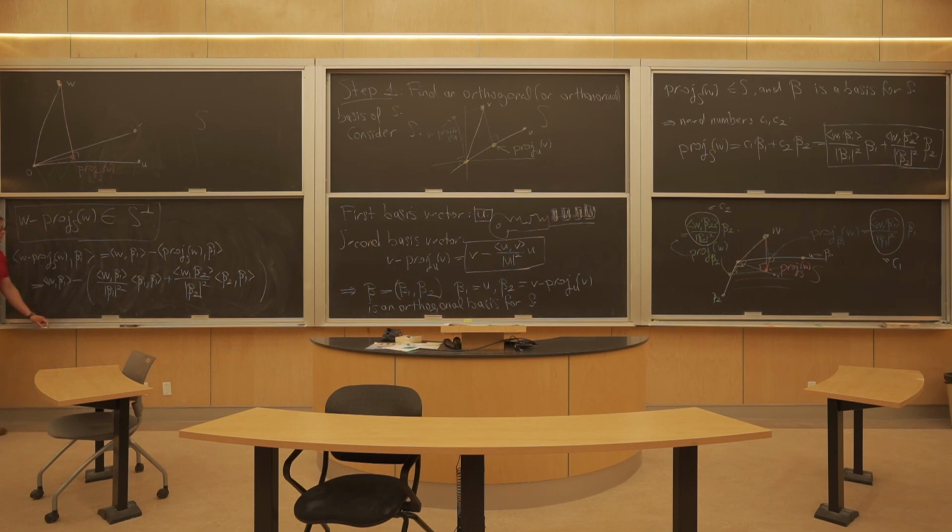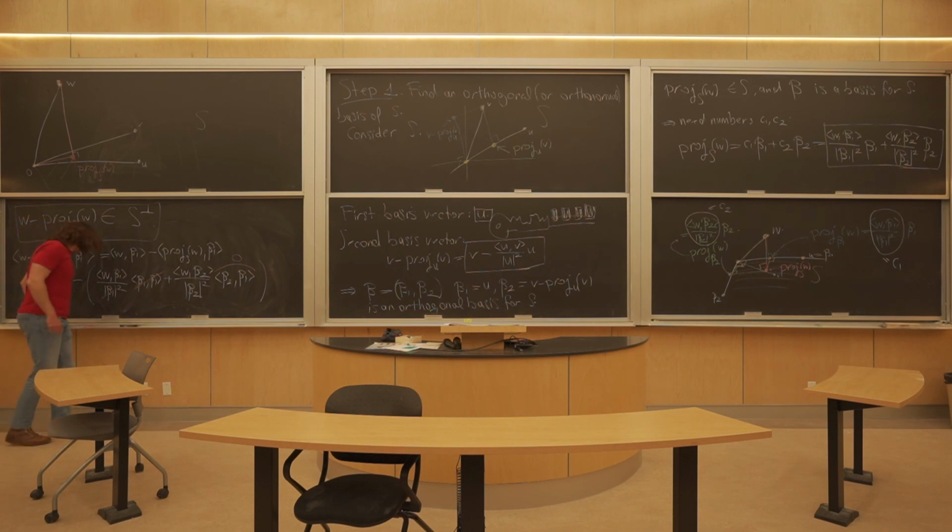Okay? So now note that beta 1 norm squared is the same thing as beta 1 against itself. So these cancel out. This cancels out with this. And beta 2, I made sure, is orthogonal to beta 1. I don't know what this is, but certainly this is 0. And here, I have another copy of W against beta 1. And here, I'm subtracting it from it.